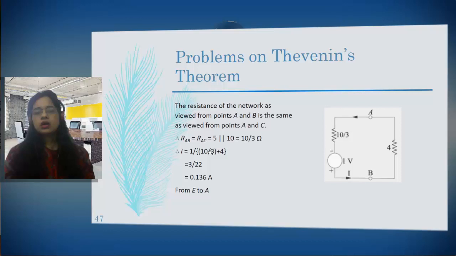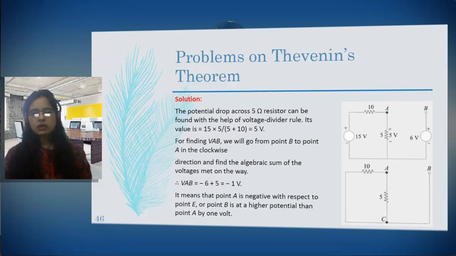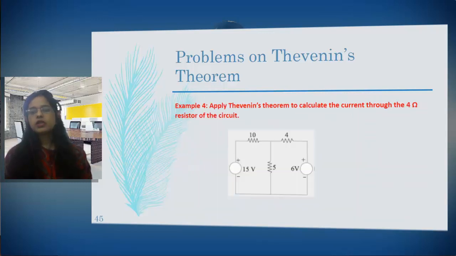So this way we use Thevenin's theorem. Always keep in mind, whenever you are asked to find a current or voltage drop using Thevenin's theorem, your first aim should be to construct the Thevenin's equivalent circuit.